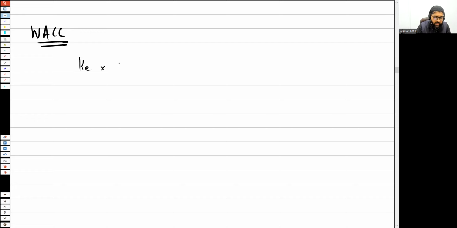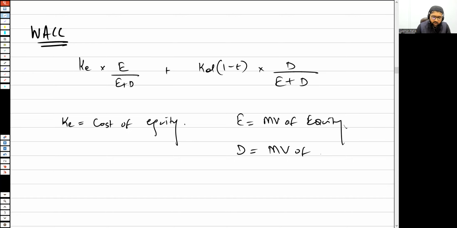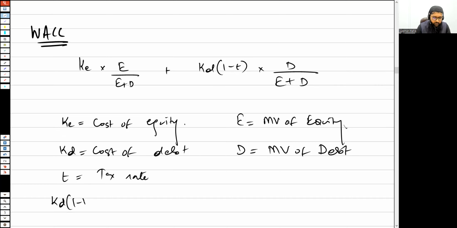It's KE multiplied by E upon E plus D, plus KD(1 minus T) multiplied by D upon E plus D. Where KE is the cost of equity, capital E is the market value of equity, capital D is the market value of debt, KD is the cost of debt, T is the tax rate, and KD(1 minus T) is termed the after-tax cost of debt.